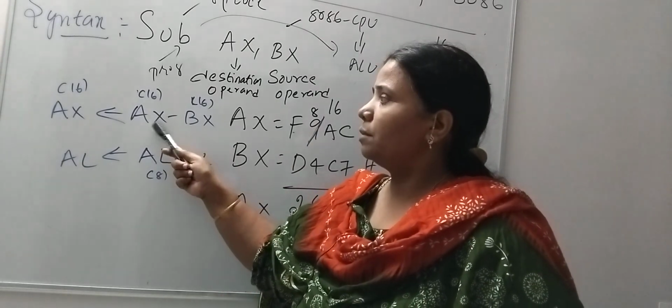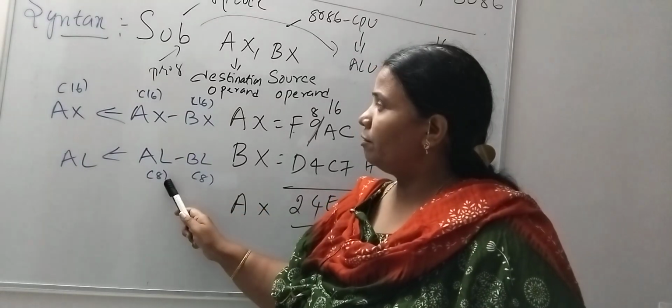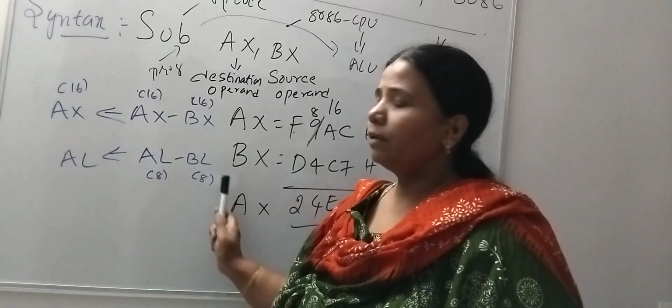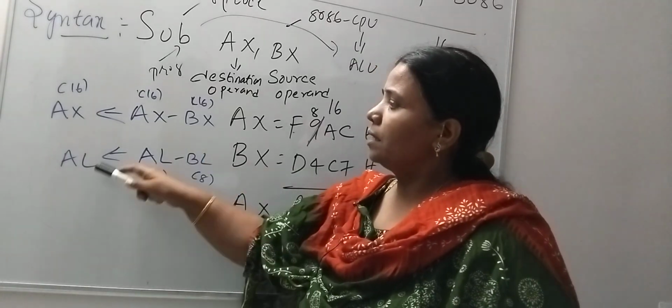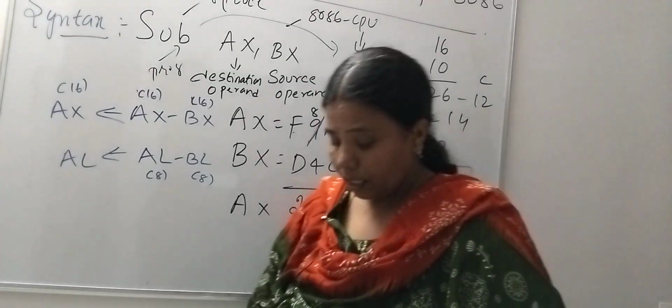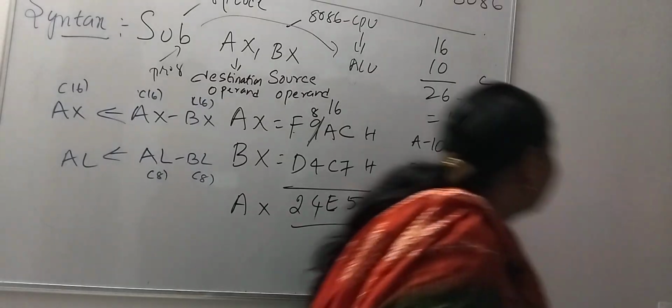Instead of 16-bit data, if you take 8-bit data, AL will be taken instead of AX and BL instead of BX. Then destination minus source is done on the 8 bits, and the result is stored in AL.